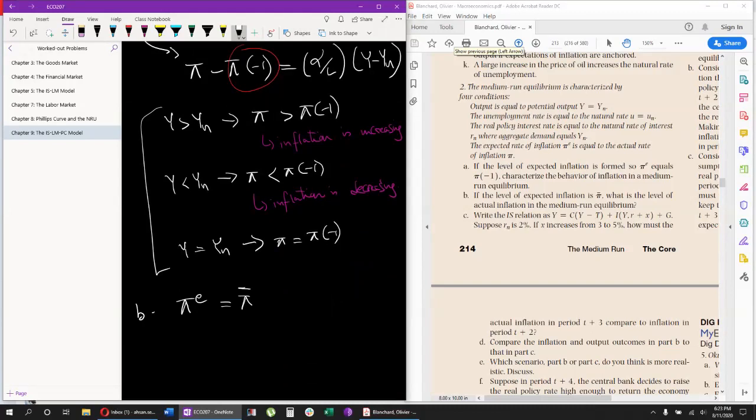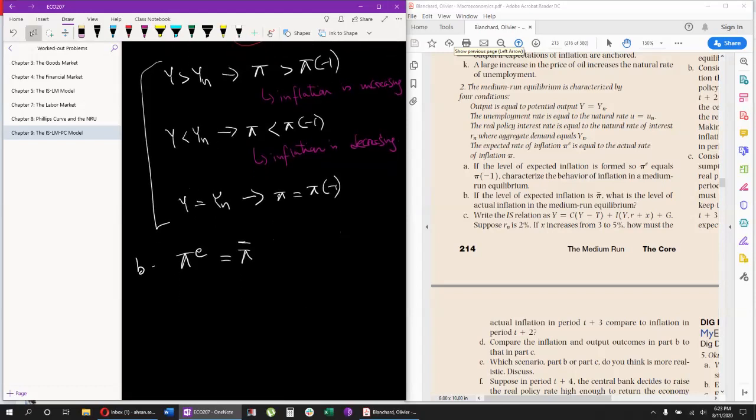So we are no longer looking back at what has happened in the previous years. We are forming our expectation of inflation around a number. So suppose every year the expectation is that inflation will be around 5%. If that is the case, then what will happen?